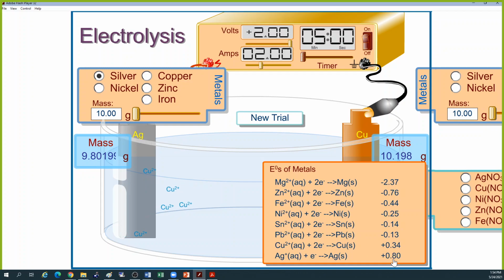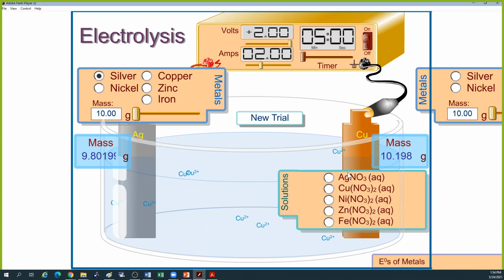So the natural state of affairs, if I put copper and silver in a reaction together, would be that the copper would oxidize and the silver would get reduced. And in fact, we could calculate that cell potential. It would just be the difference between these. It would be, what, 0.56 volts driving it in that direction.